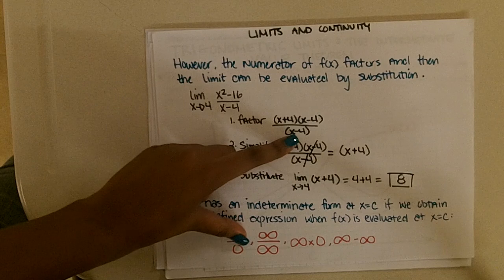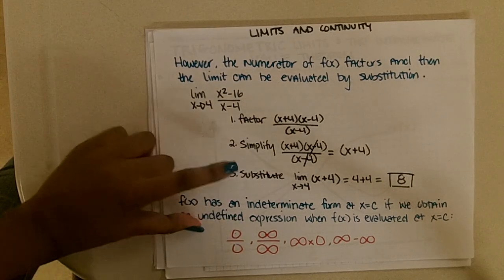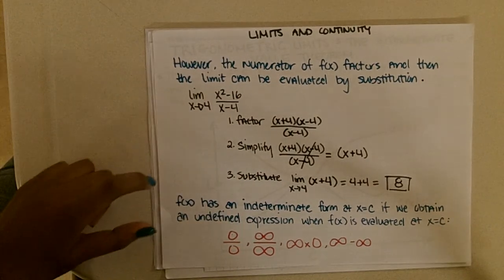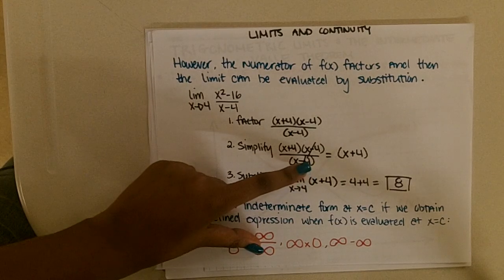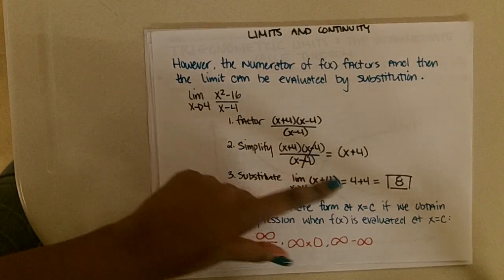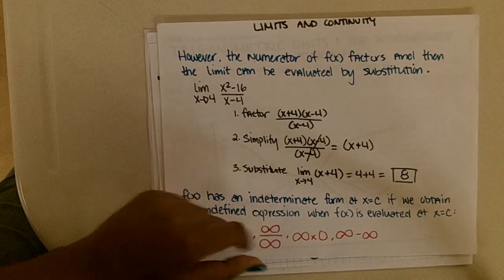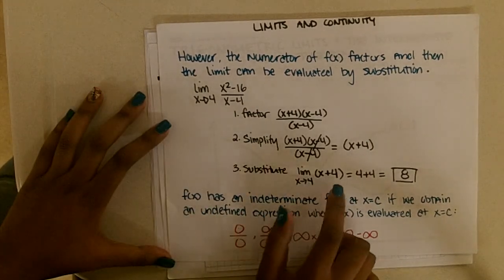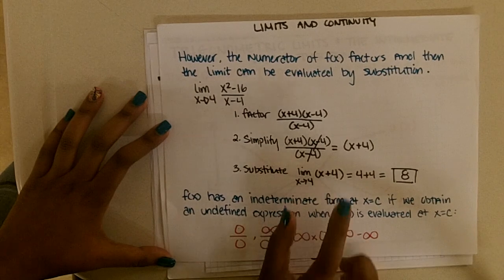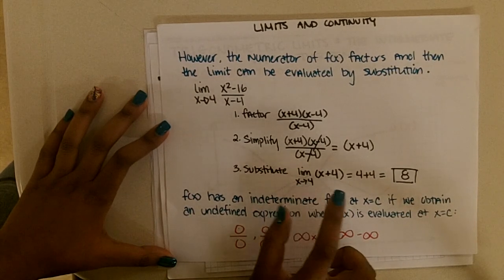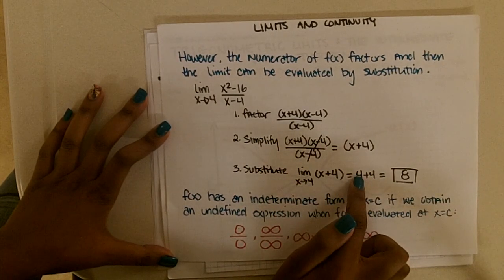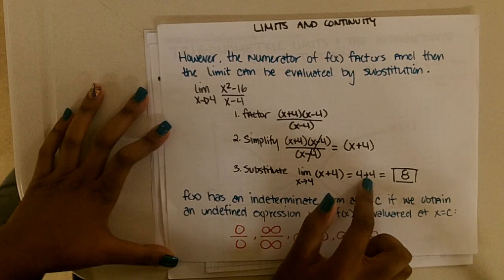And this is all still divided by x minus 4. Step 2, simplify. This gives you x plus 4. The final step, substitute. So the limit of x plus 4 as x approaches 4, you substitute 4 in and you have 4 plus 4, which equals 8.